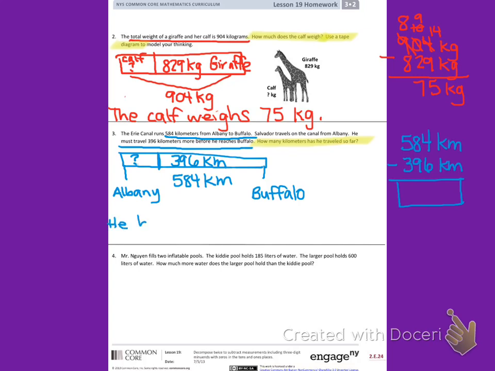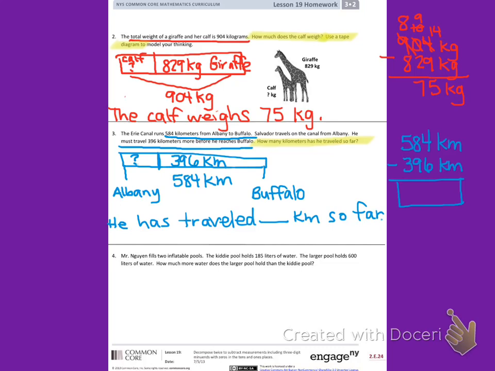He has traveled blank kilometers so far. Remember when you're going to solve that algorithm to start in the ones column at the top and then continue in the same way going to the tens column and the hundreds column.